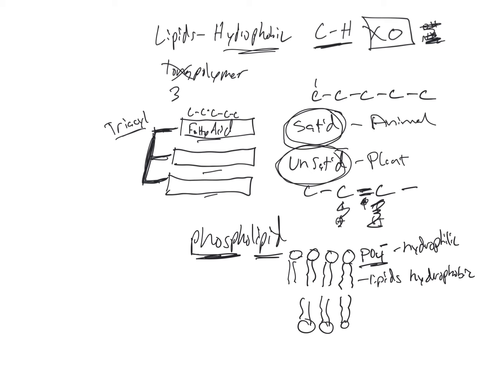This is because the inside and the outside of the cells are made up of a lot of water. They orient themselves that way because these parts will interact with water, but they don't necessarily allow water to pass through. Water doesn't pass easily through our membrane. It needs channels in order to do so.